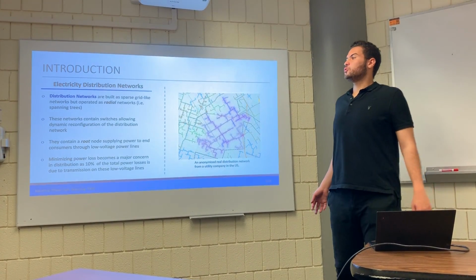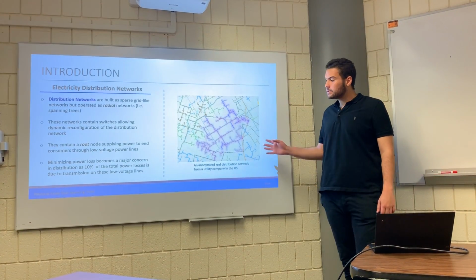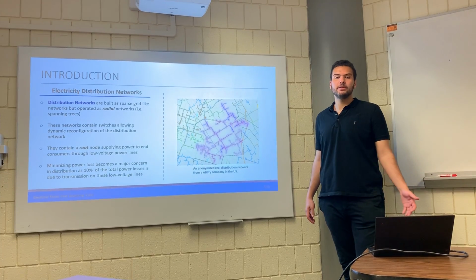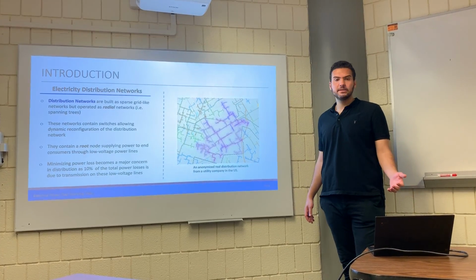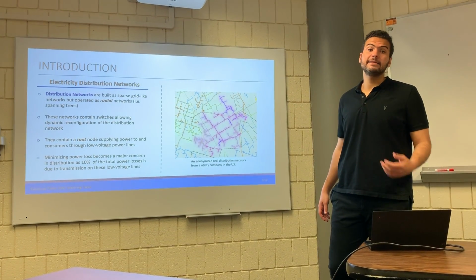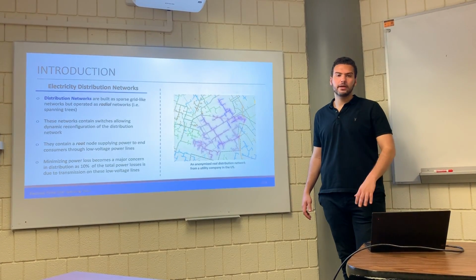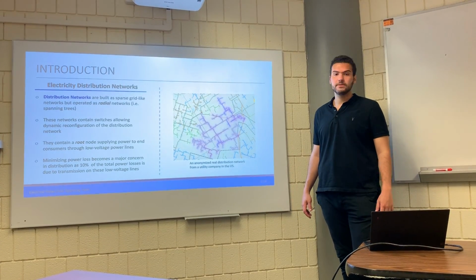So electricity distribution networks are built as sparse grid-like networks, as you see in this figure here, but they're operated as radial networks. These networks contain switches that literally turn edges on and off in the graph so that only an acyclic subset is operating. And this acyclic subset constraint is a practical requirement that's needed for security reasons.